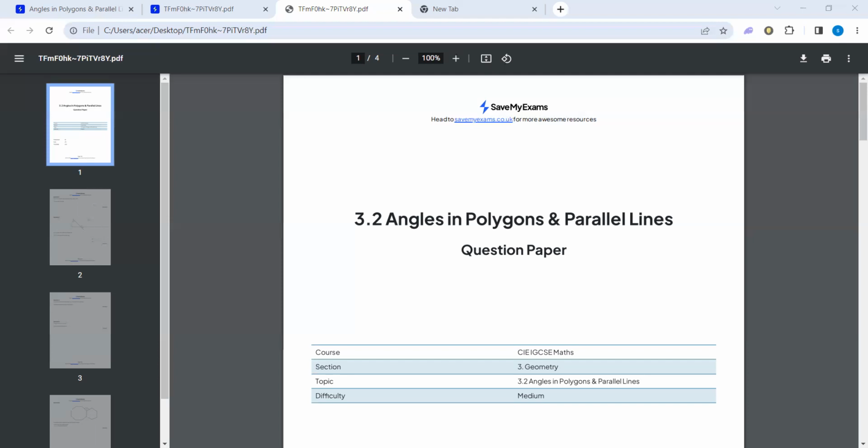Now there are 2 clear distinctions that you need to master. You need to know that we have regular polygons. Just write regular shapes. And we have irregular shapes.